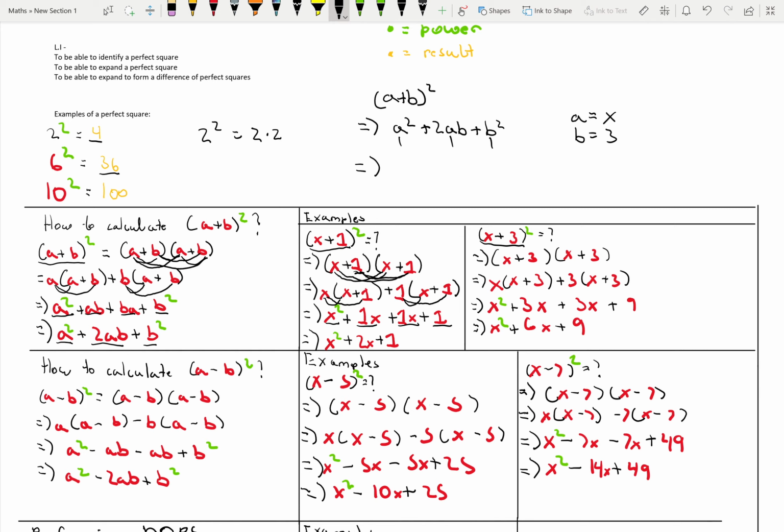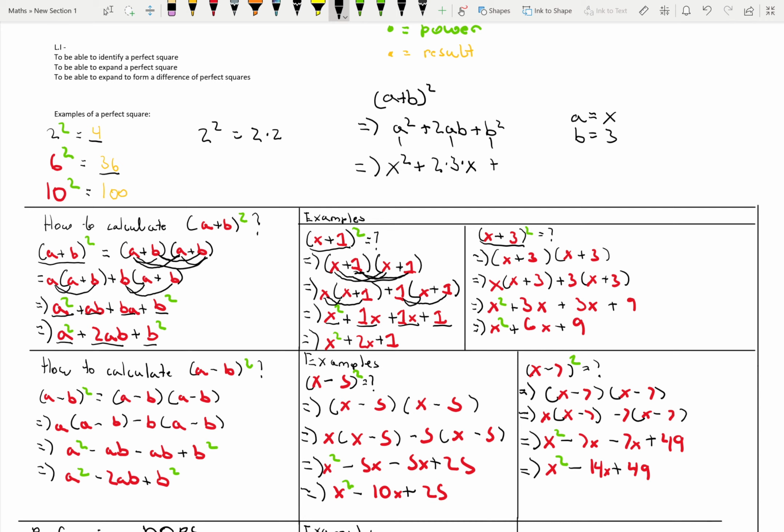So a squared would become x squared. 2ab would just become 2 multiplied by 3 multiplied by x, since b in this situation is 3 and a in this situation is x. So that would be 6x, or rather 2 multiplied by 3 multiplied by x, which amounts to 6x, but we will evaluate it later on.